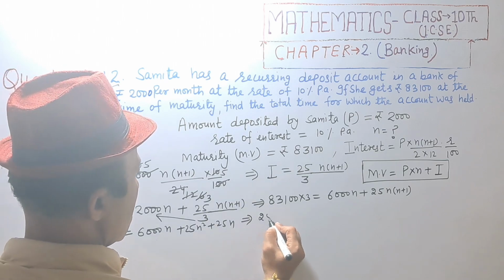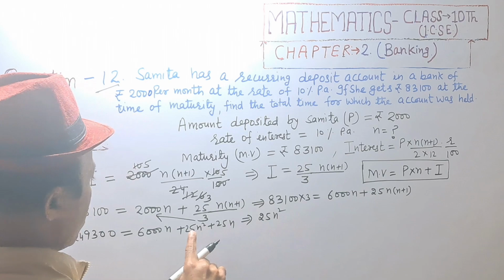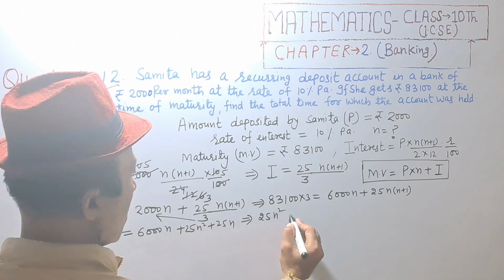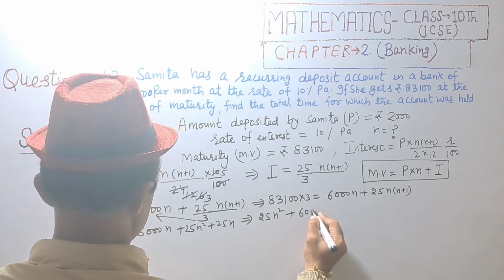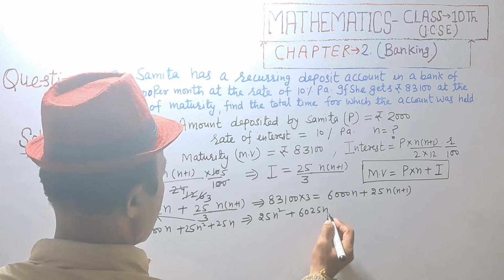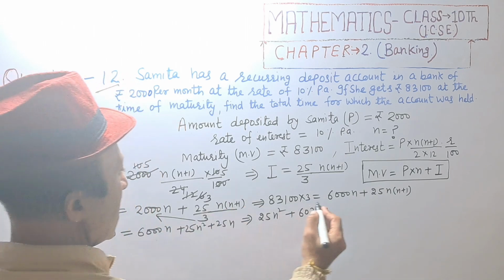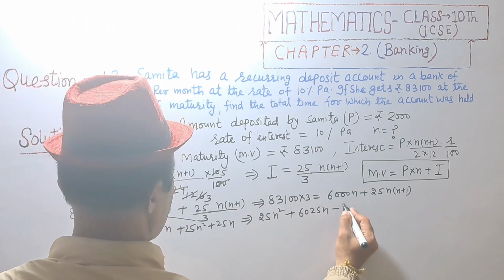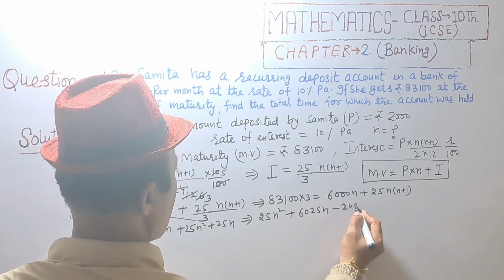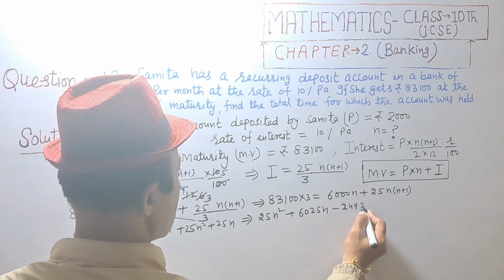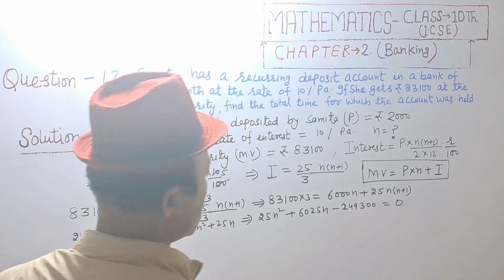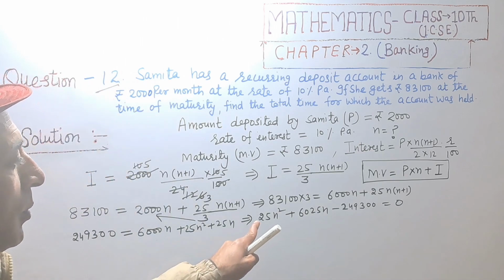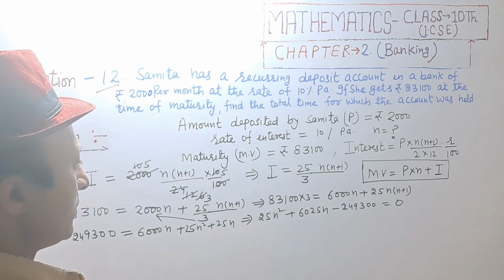This implies 25n square plus 6025n minus 249,300 is equal to 0, and we are taking common 5.